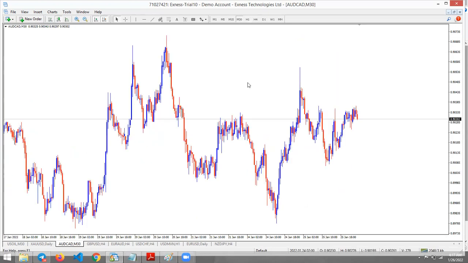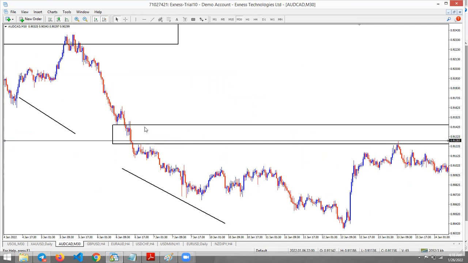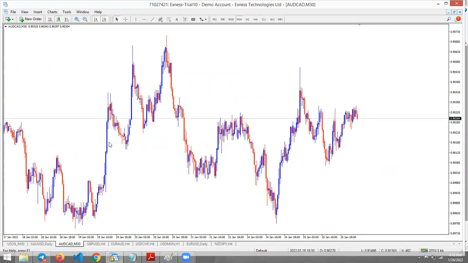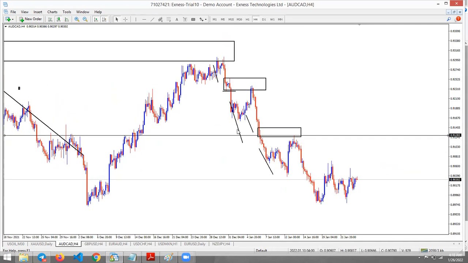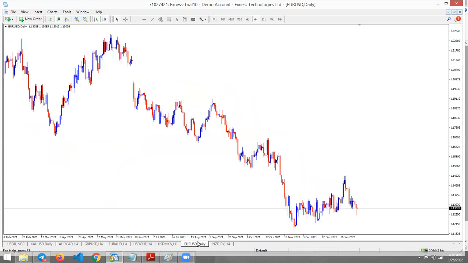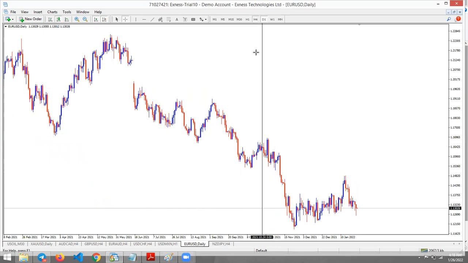Let me see M30. Yeah, now on M30, the decision point is clear, right? There, drop, base, drop. But on a higher time frame, you can't see it clearly. So I want you to take note of that. Sometimes you can have hidden decision points. So what you do, you go to lower time frames and you identify it.